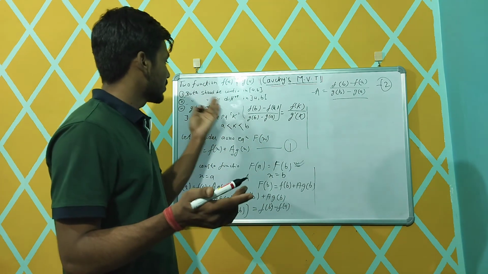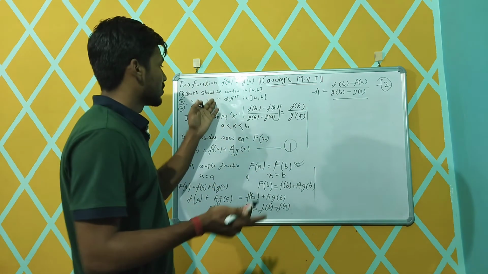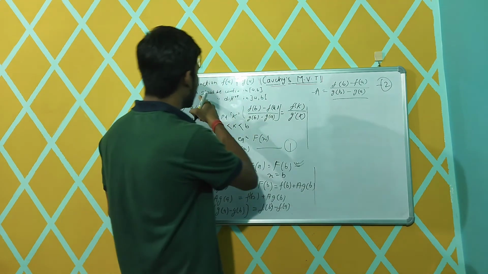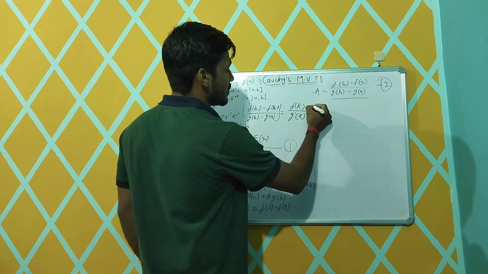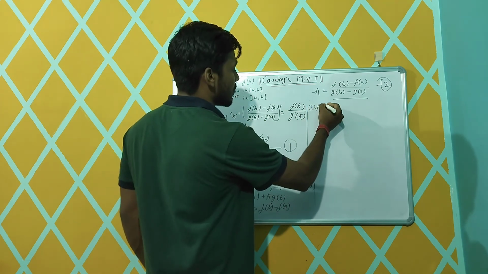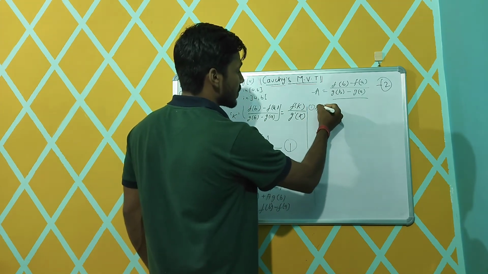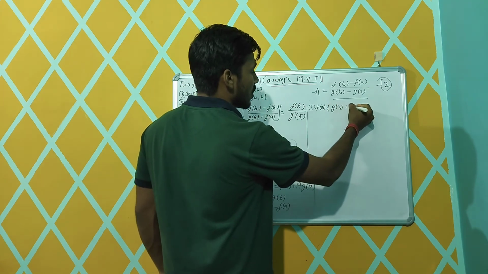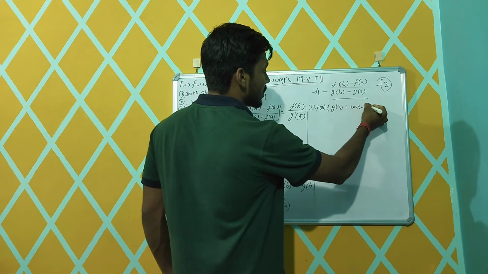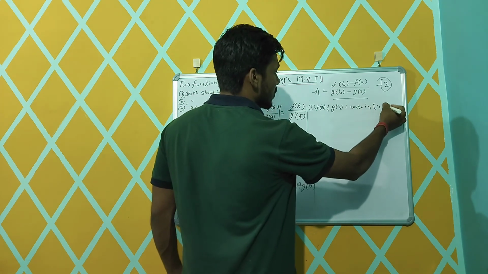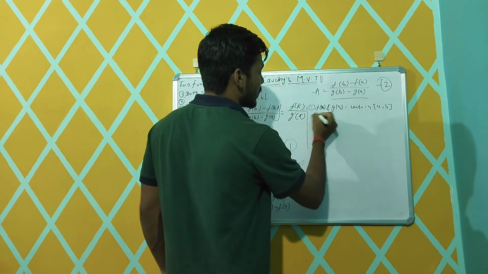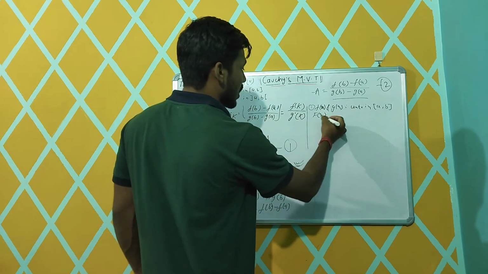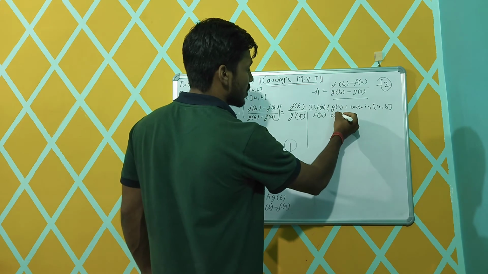That's nothing else, just a repetition of the given conditions. If f of x and g of x are continuous in the closed interval [a, b], the auxiliary function F of x will also be continuous.